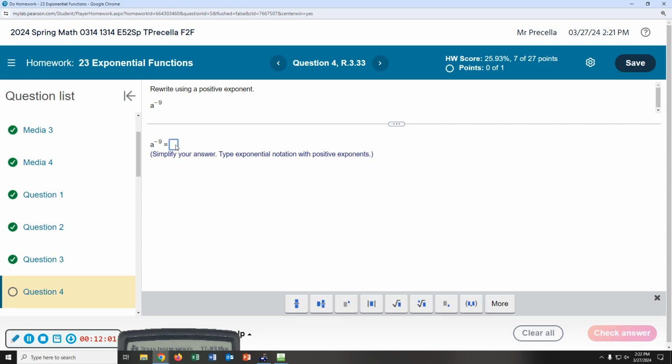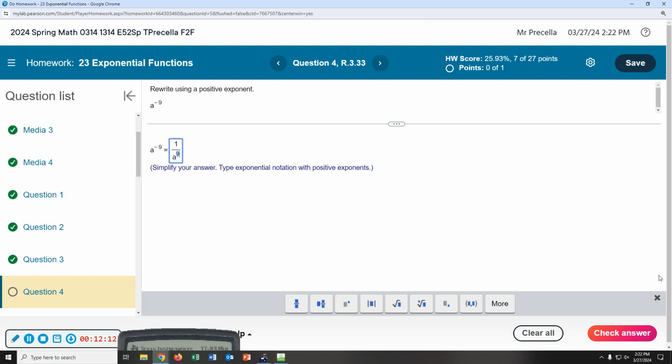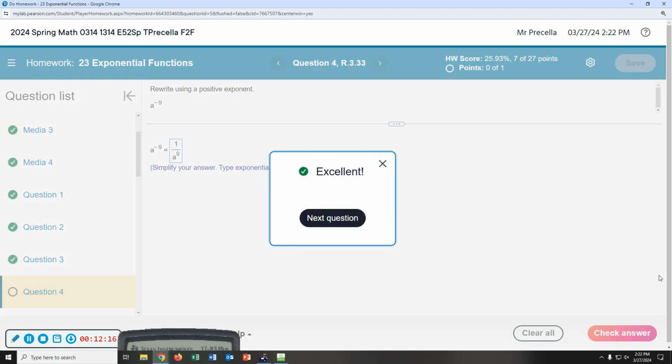So that is 1 over a, exponent key, positive 9. Any questions there?